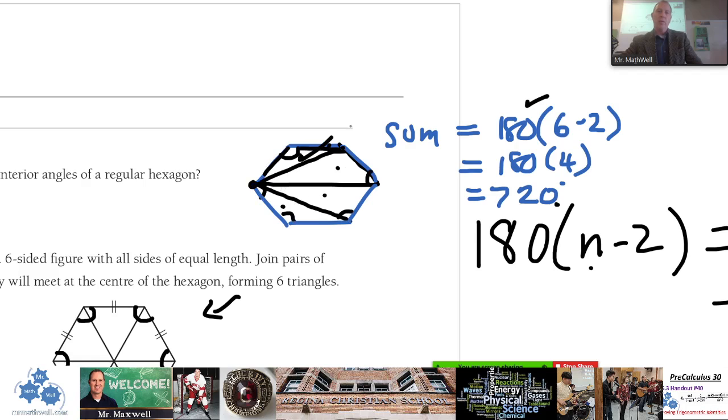So I've got 4 triangles that fit inside this. If we add up all of the angles in these 4 triangles, we get 720 degrees, and that happens to be this angle plus this angle plus this angle plus this angle plus this one plus that one. The sum of the interior angles.